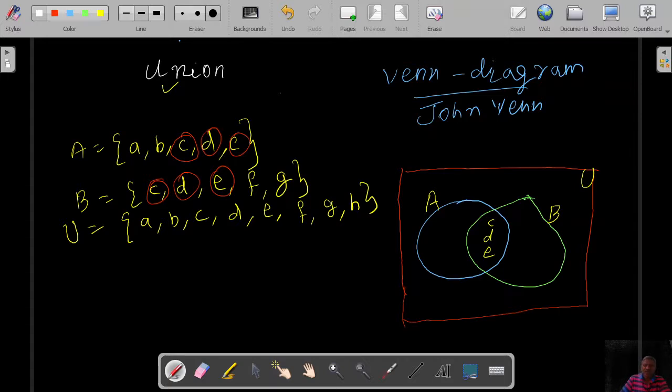Then if you take B, we have certain extra elements there also, which I will write as F and G. Then we have some elements which are neither in A nor B, but are in the universal set, so I would write them somewhere here. So this completes the Venn diagram.